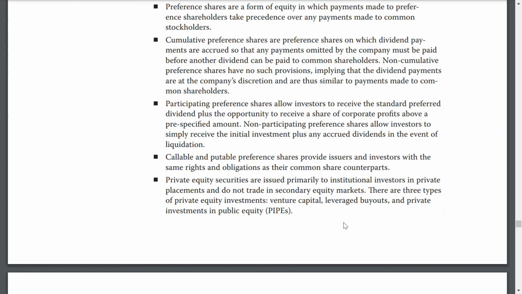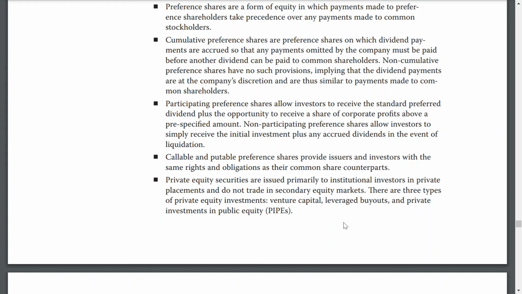Callable and puttable preference shares provide issuers and investors with the same rights and obligations as their common share counterparts.